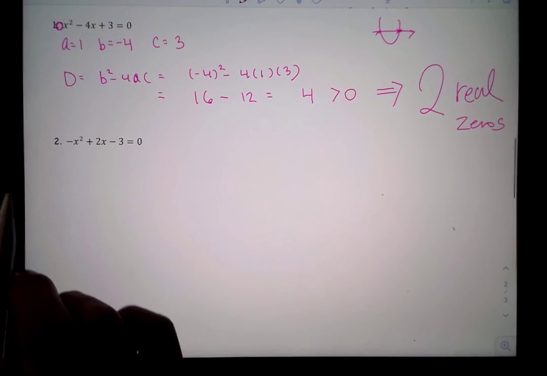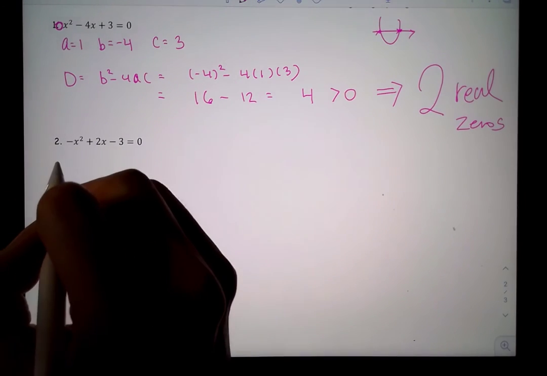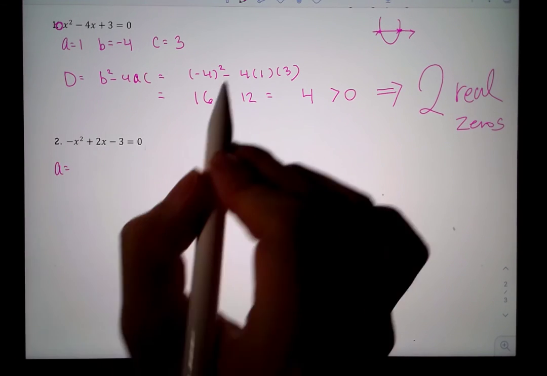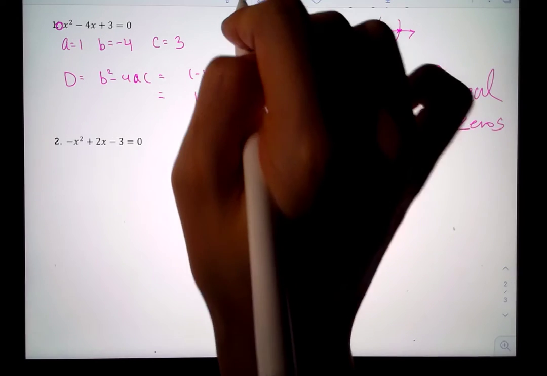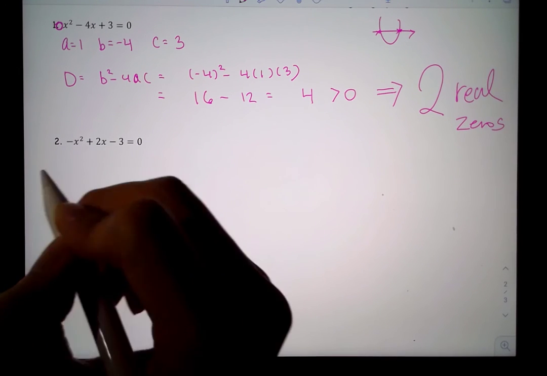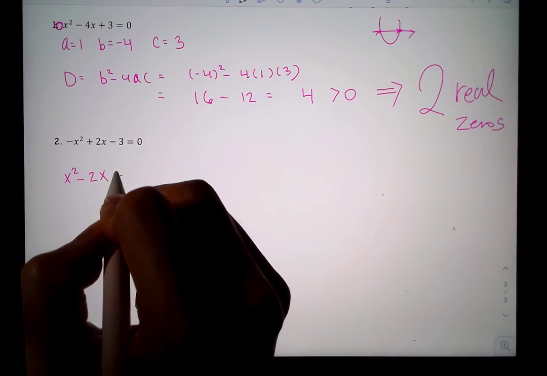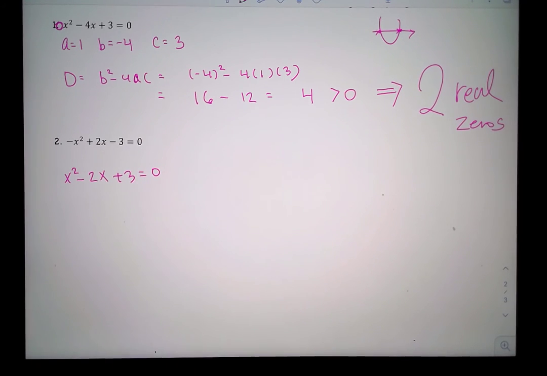Number 2. For this one, because a is negative, you can convert it to positive a, that doesn't matter. So let's change it: x squared minus 2x plus 3 equals 0, right?